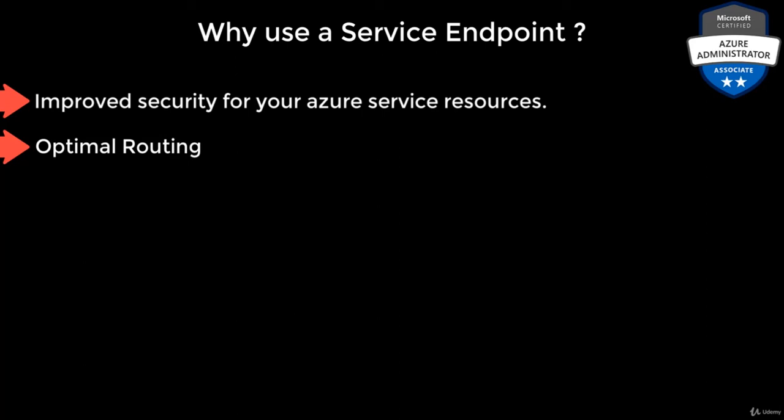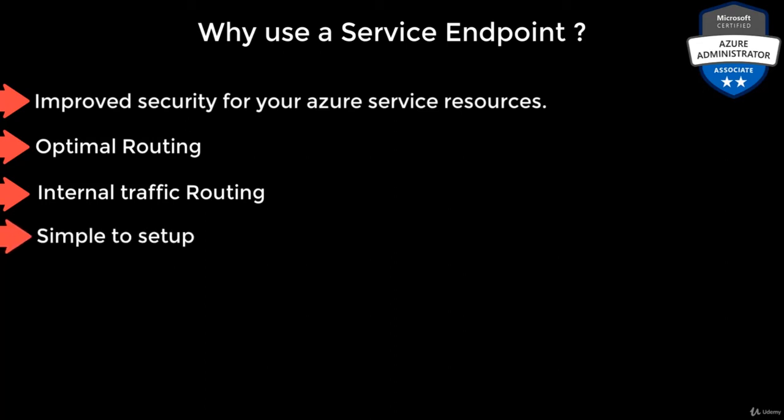Service endpoints provide optimal routing for the Azure traffic. Endpoints always take service traffic directly from your virtual network to the service on the Microsoft Azure backbone network. Keeping traffic on the Azure backbone network allows you to continue auditing and monitoring outbound internet traffic from your virtual networks.